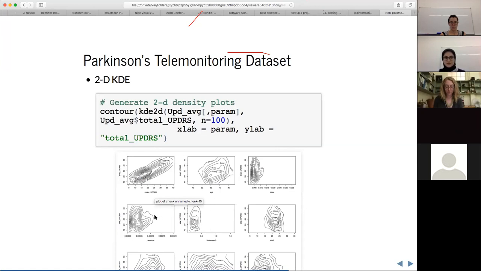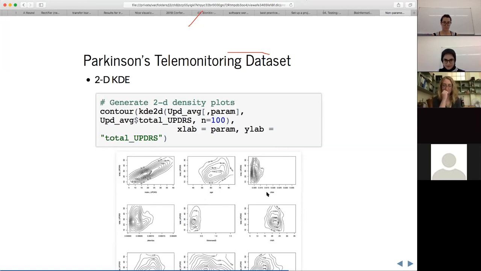So when you do a non-parametric kernel density estimation, you start to get a feeling for the shape of the relationships. This is saying that typically all the mass is at the very small values of shimmer.